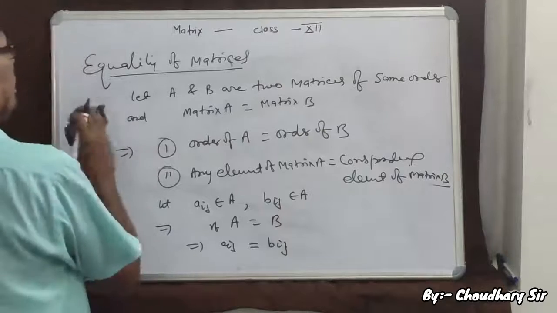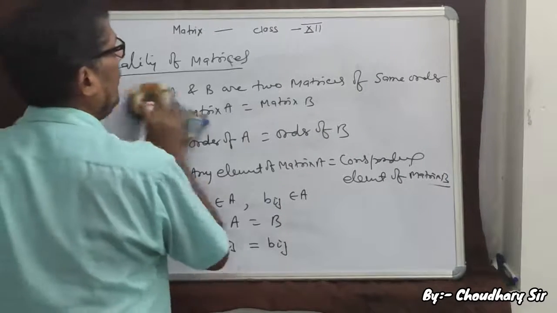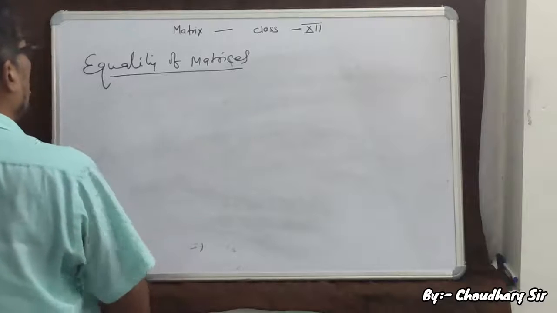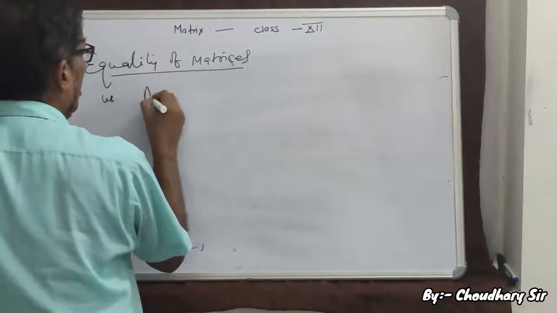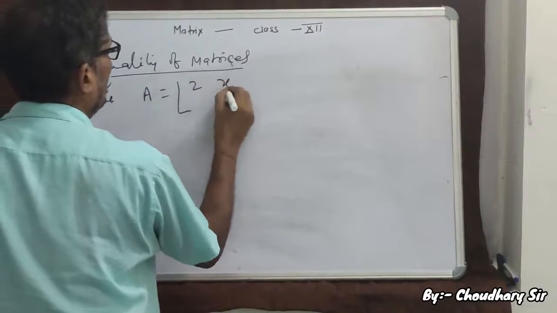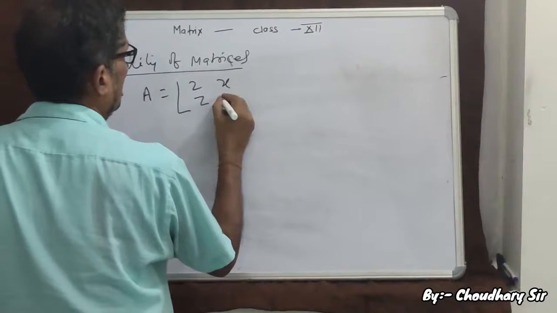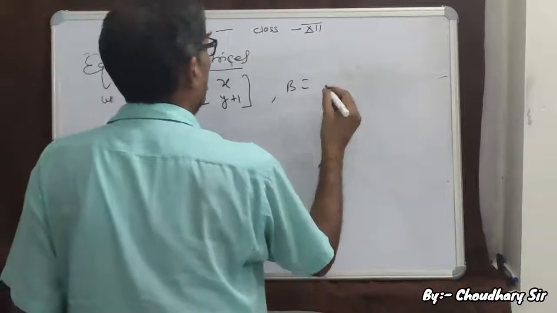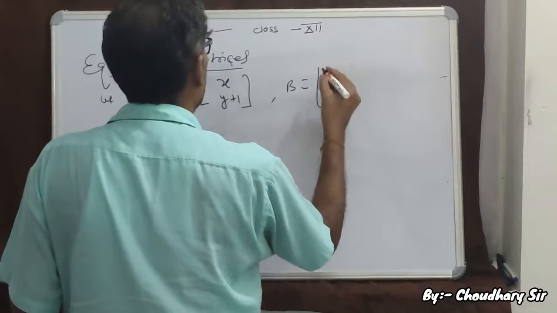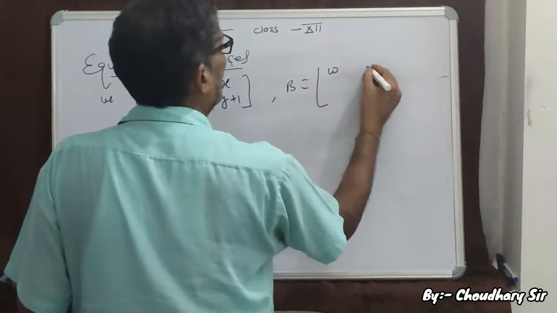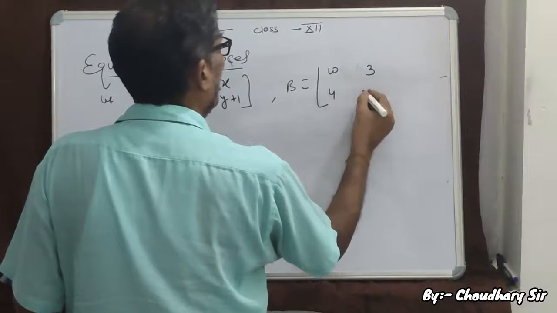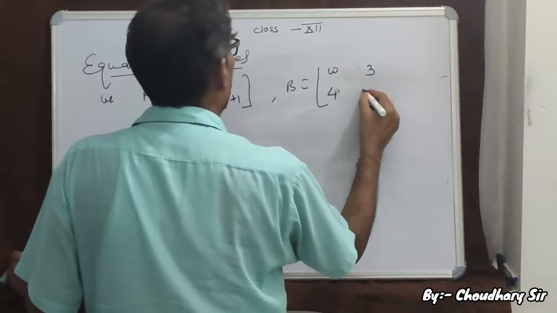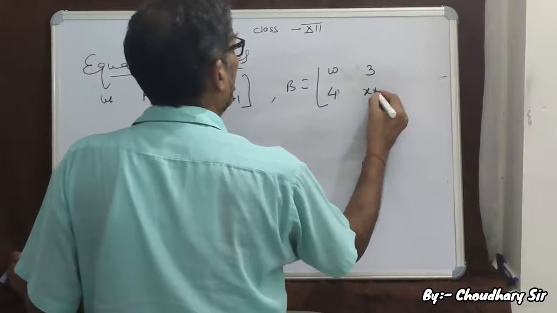See the example. Question: let A be the matrix with rows 2x, 7y, z and y plus 1, and B equals the matrix with rows w, 3, 4 and x plus 2.